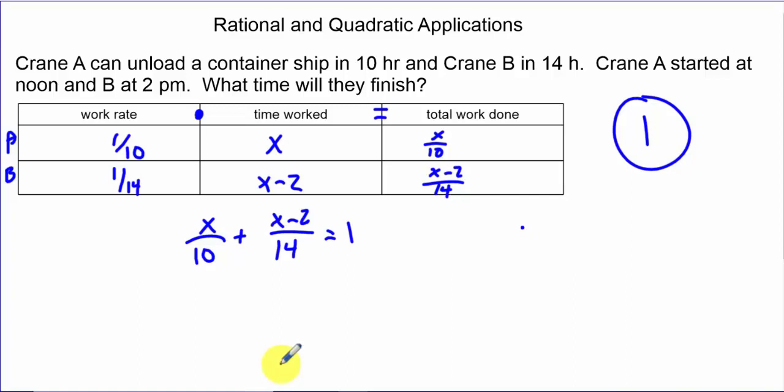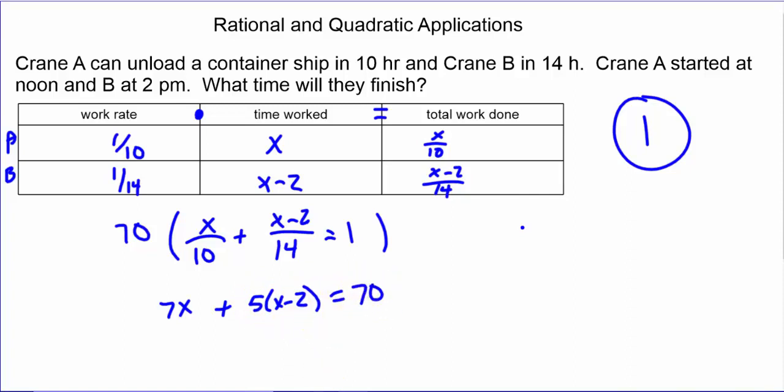Because I know that if I multiply 14 times 5, I'm going to get 70. So if I take and say 70 here, then this guy goes to a 7x. This guy is going to go, like I said, to a 5. And this is 70.